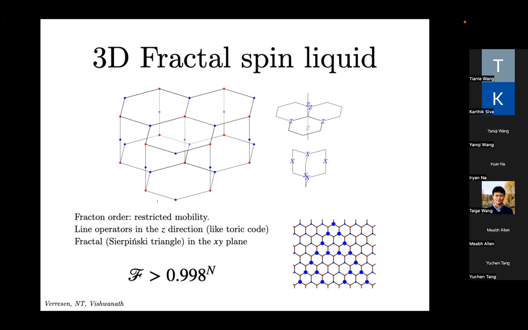So if you were preparing the toric code, you know what observables to look for to see that you actually prepared the toric code. If you were to prepare a fracton phase, what observables? Well, for example, like what they do in the Google experiment, one way is just to measure the stabilizer. So after you prepare the state, you go ahead and measure the stabilizer and see how high the fidelity is, for example.